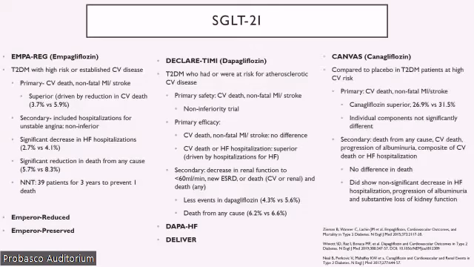And then finally, the CANVAS trial looked at canagliflozin, and we saw a decrease in the composite outcome of the 3-point MACE, but the individual components were not significantly different. So across the board, we're seeing a decrease in heart failure hospitalizations from these medications in diabetics and in non-diabetics.